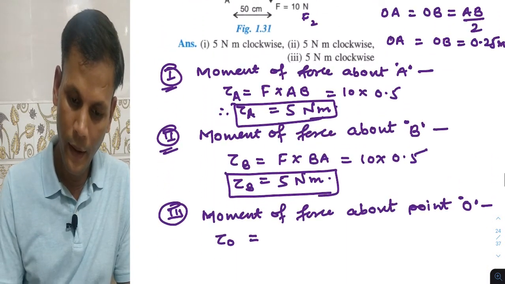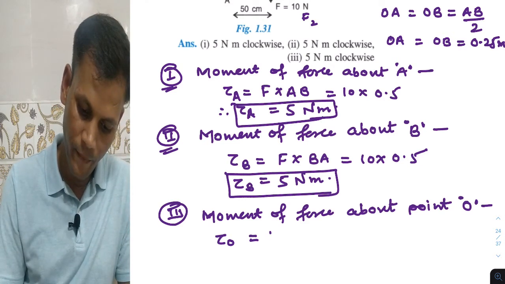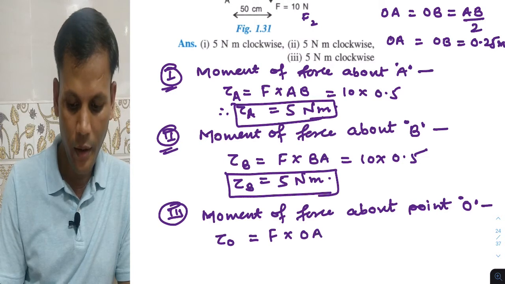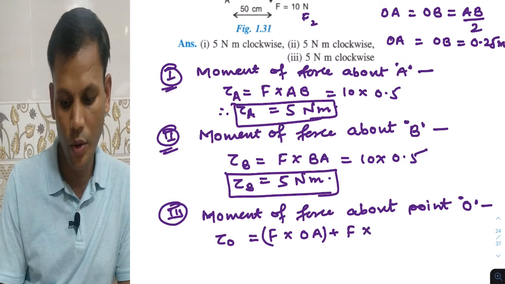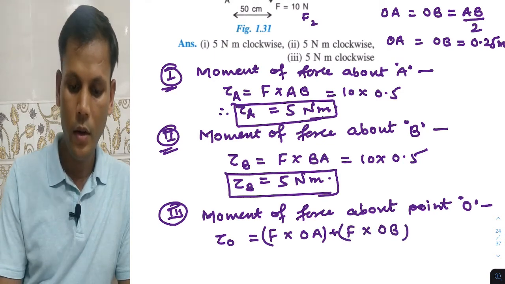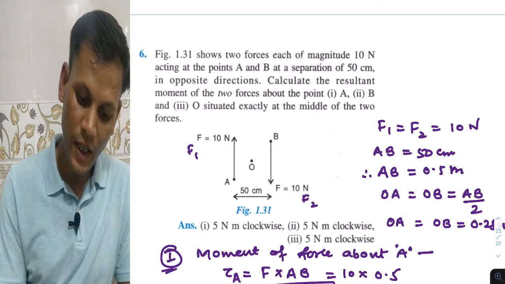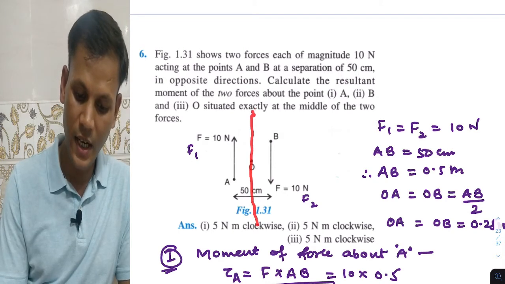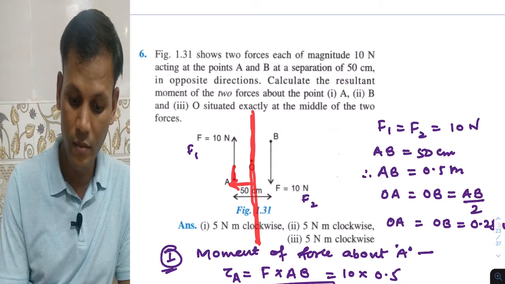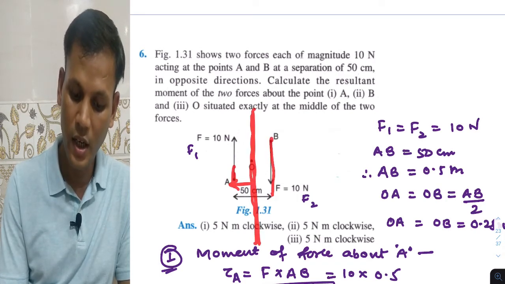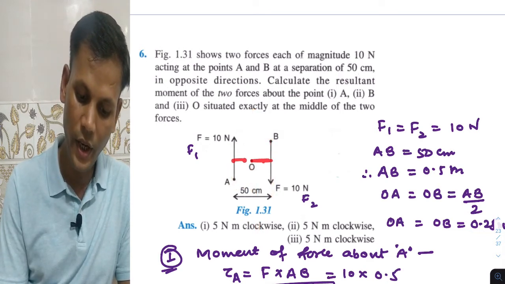It will be F into OA plus another moment, F into OB. Again I am telling how I have written this. We needed the moment about point O. This is the axis of rotation now, and this is the force and this is the perpendicular distance, OB and OA.